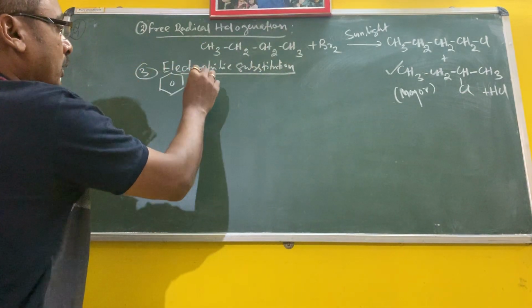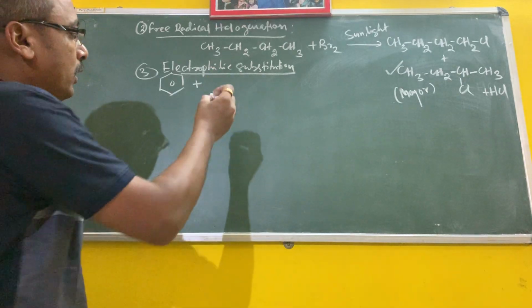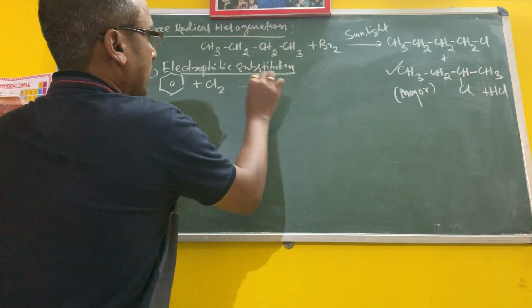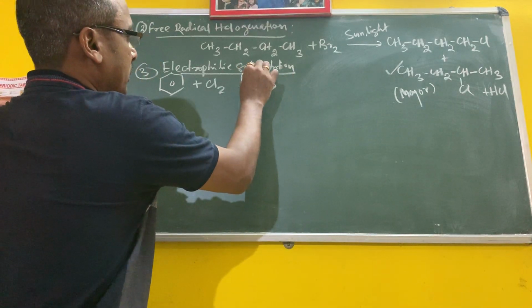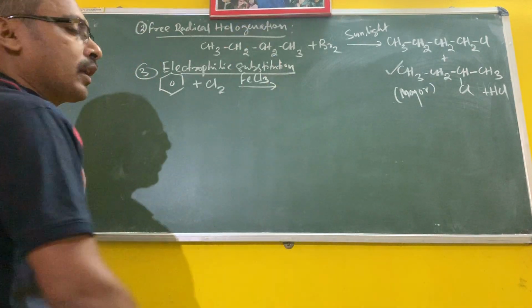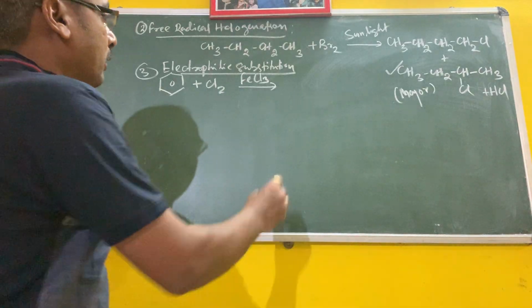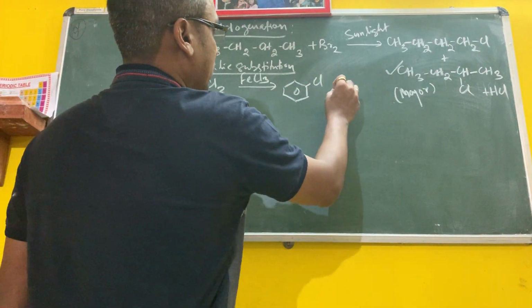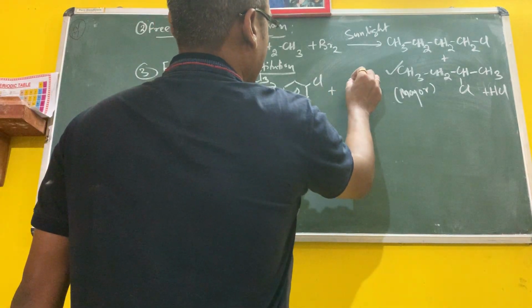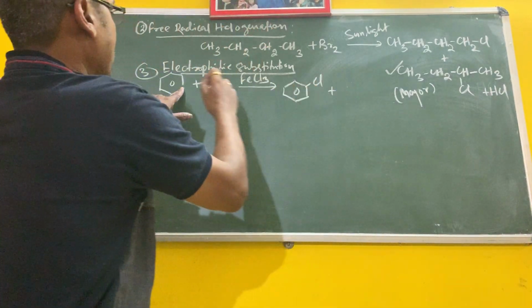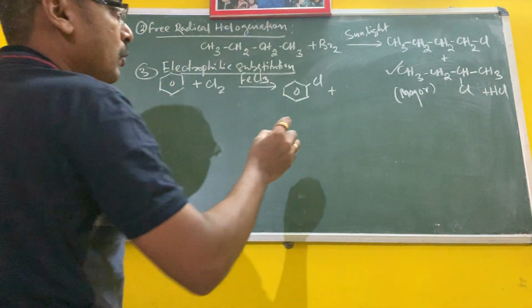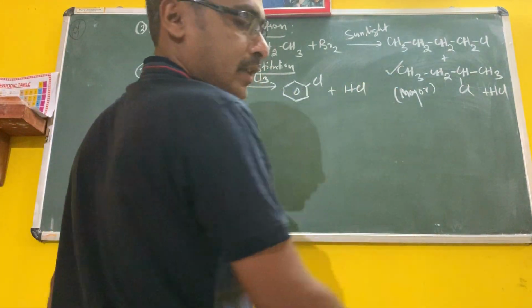Suppose benzene, and we take Cl2, then in presence of FeCl3 catalyst, the halogen will replace hydrogen. This is chlorobenzene, plus, in each corner all carbons have one hydrogen, plus the byproduct HCl.